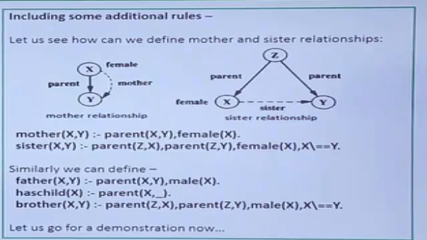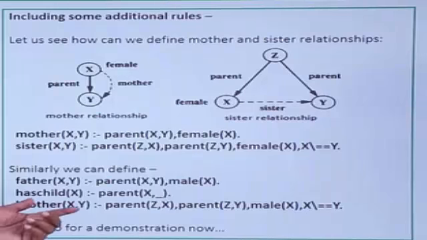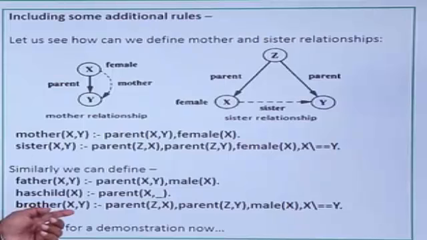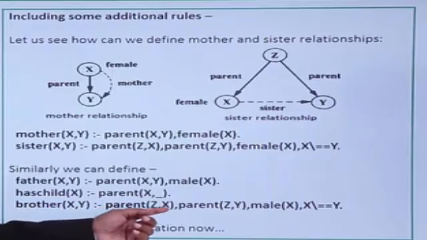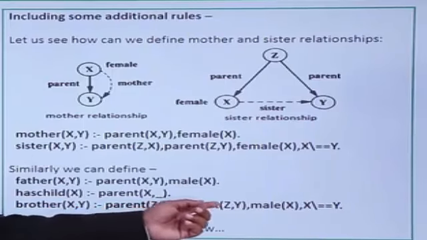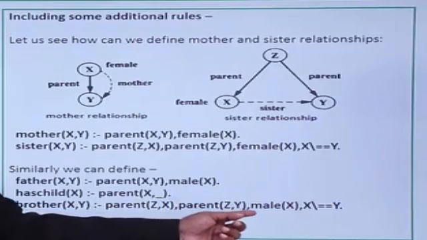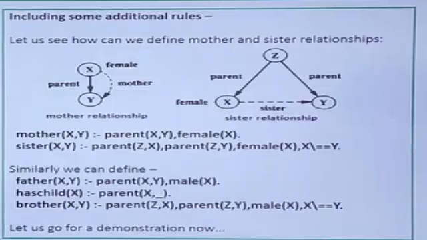A variable can be an underscore and it has a special meaning: it is an anonymous variable. Now brother X, Y: parent Z, X and parent Z, Y, that means the same parent for X and Y, and male X and X is not equal to Y. In this way you can define the brother relation.